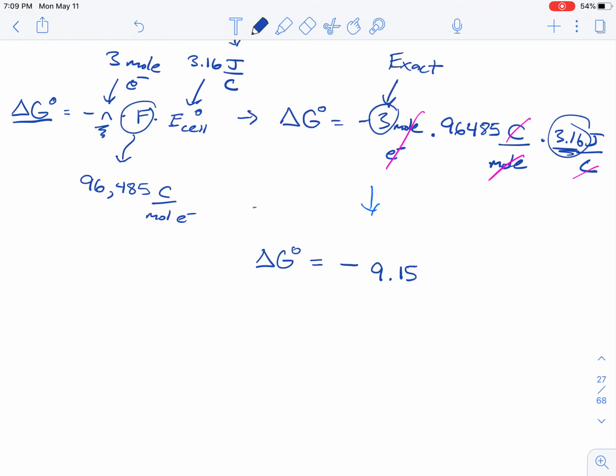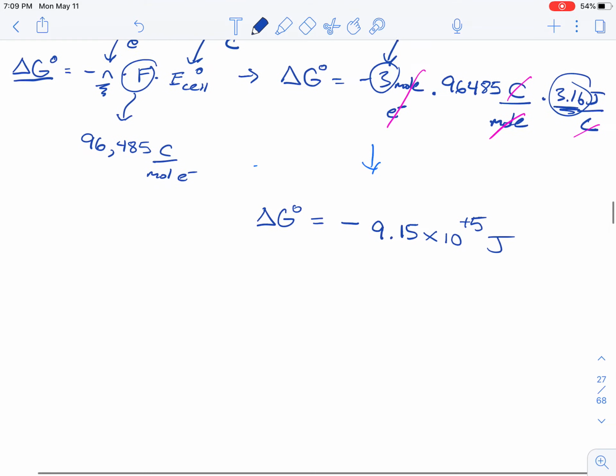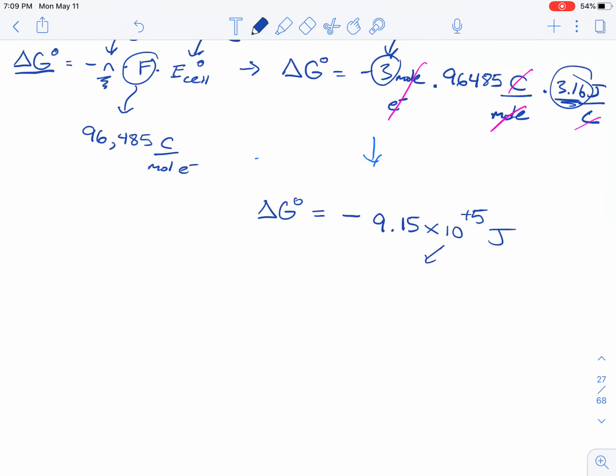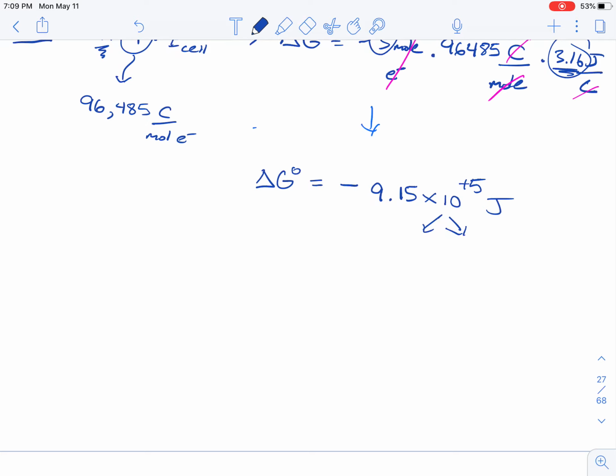So overall, I have negative 9.15 times 10 to the positive 5 joules. And so once again, if I wanted to express this in kilojoules, I can break that positive 5, that times 10 to the positive 5 into 2 pieces. Times 10 to the positive 3, and times 10 to the positive 2 joules.